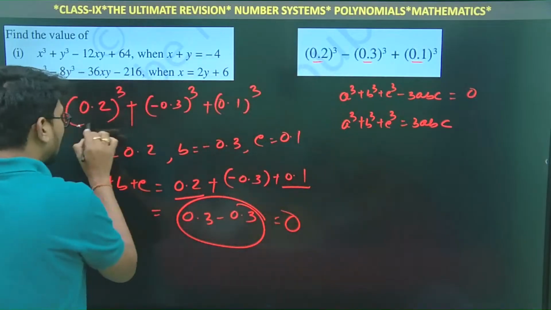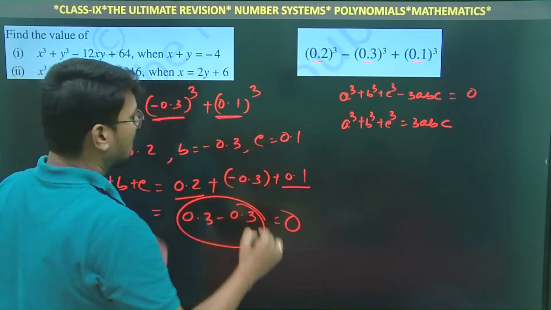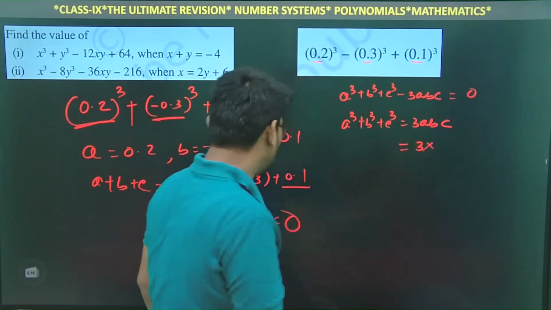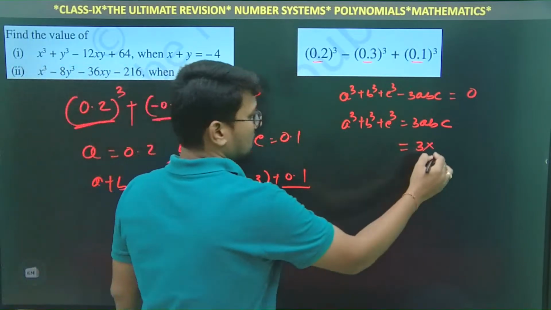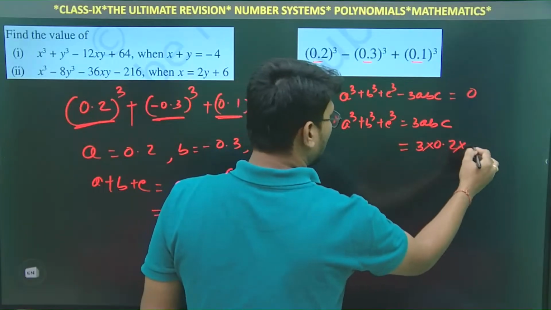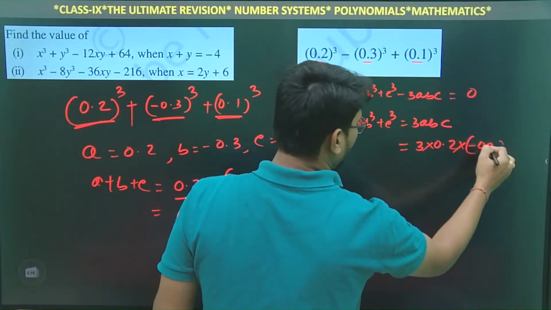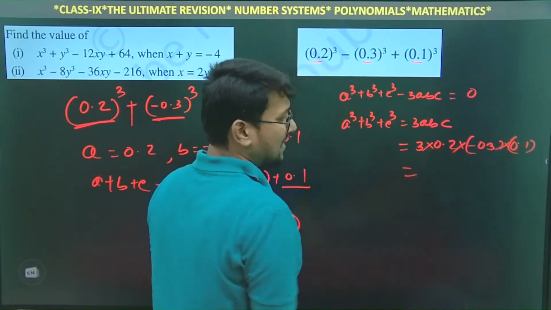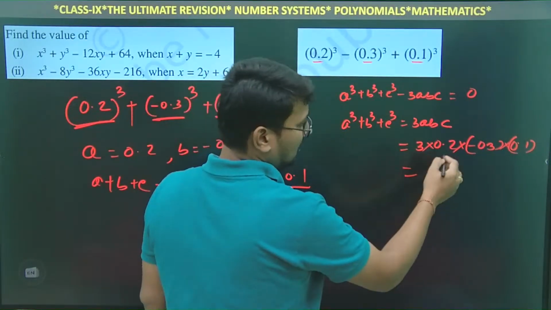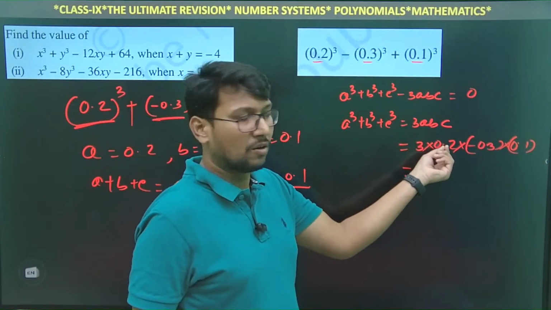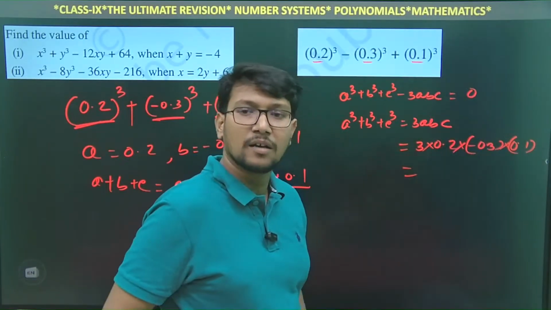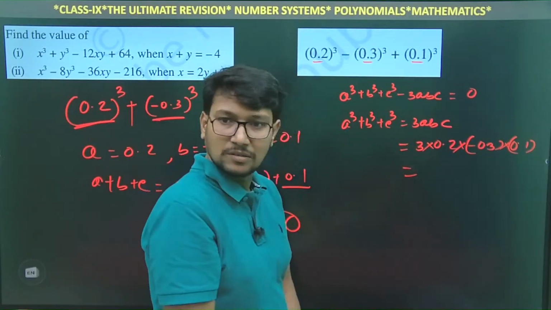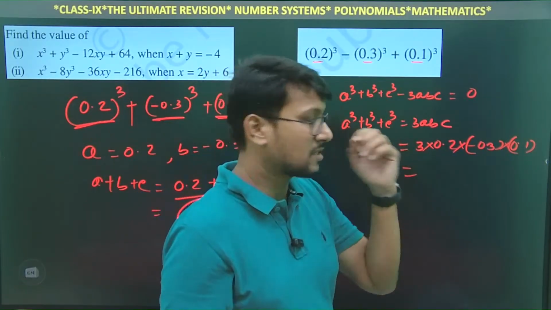So we have taken this as a, this as b, this as c. So a cube plus b cube plus c cube equals 3 into a into b into c. So 3 into a, what is it? 0.2 into minus 0.3 into 0.1, right? 3 twos are 6, 3 sixes are 18. So 2 into 3 is 6, 0 point how much? 0.06, two decimal places are there.